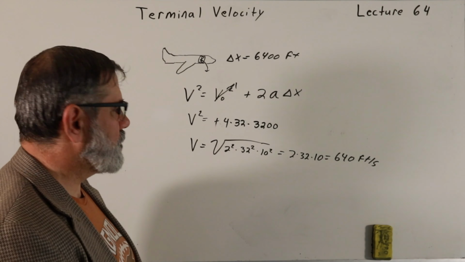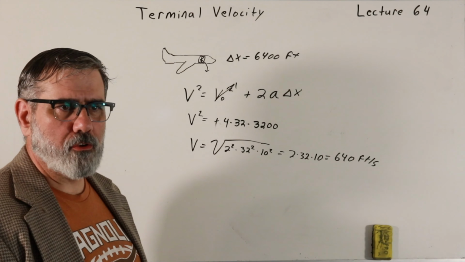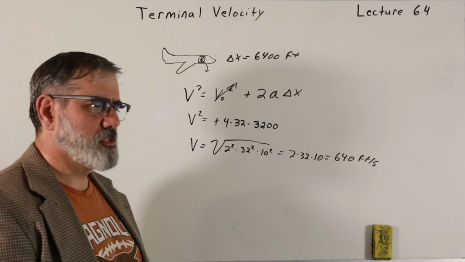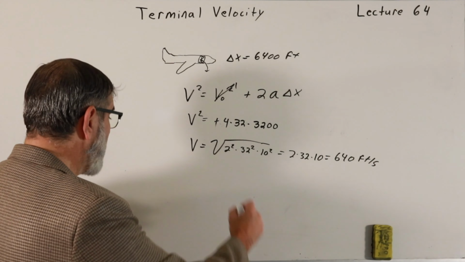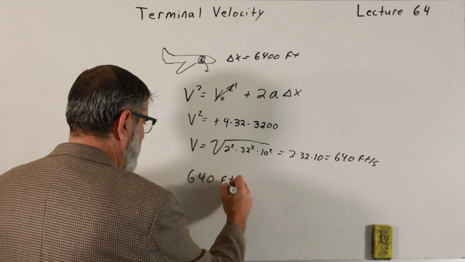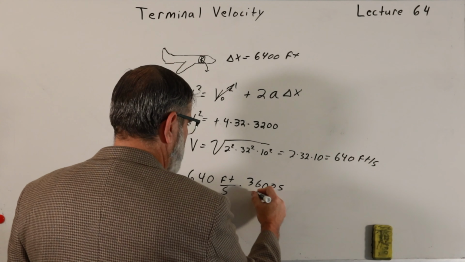So that sounds fast, 640 feet every second, but let's convert it over to miles per hour, which we know a little bit better. So maybe it's not that bad, maybe it's going to be like 20 miles per hour. I think we could handle a fall at 20 miles per hour. Let's convert that, 640 feet per second, times, of course, 3,600 seconds per hour.